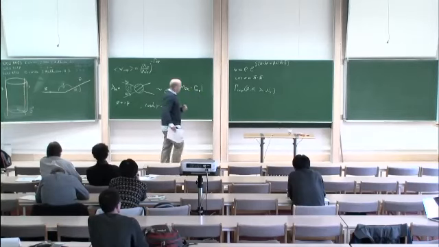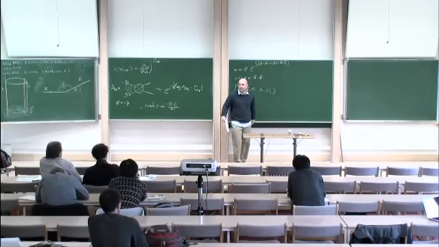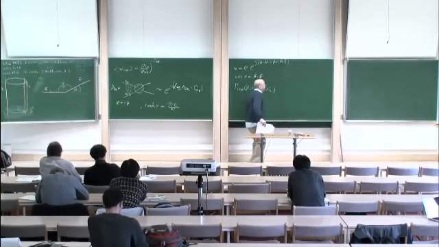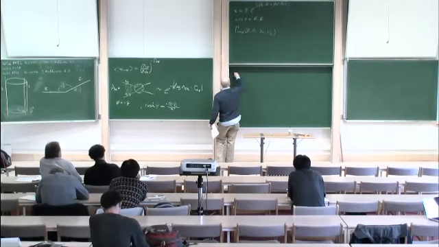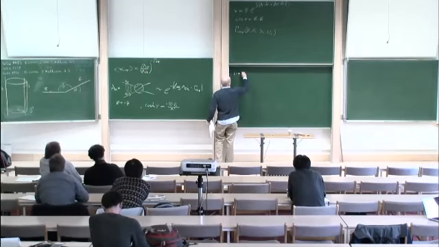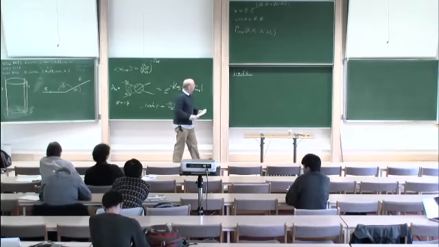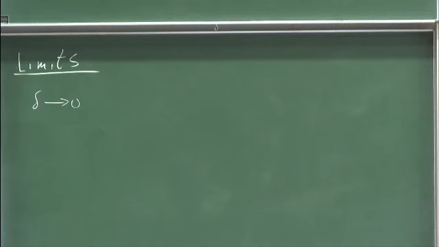Before studying this full function, let's consider some interesting limits that we can take. Let me write it here. Some interesting limits. So one limit we can take is the limit where this angle delta goes to 0.